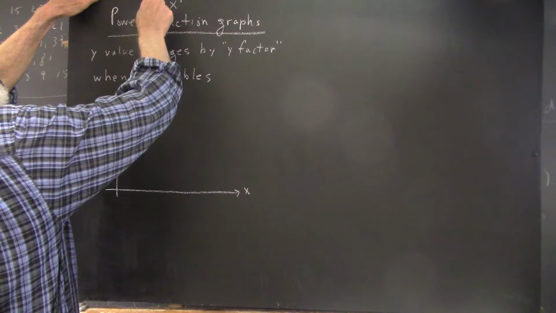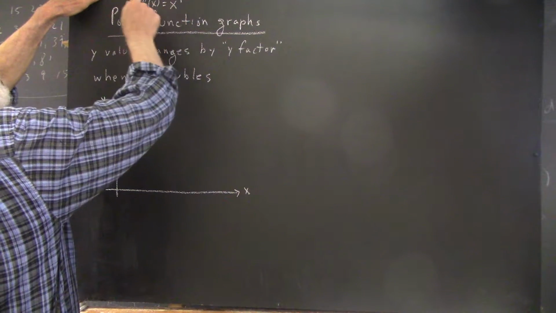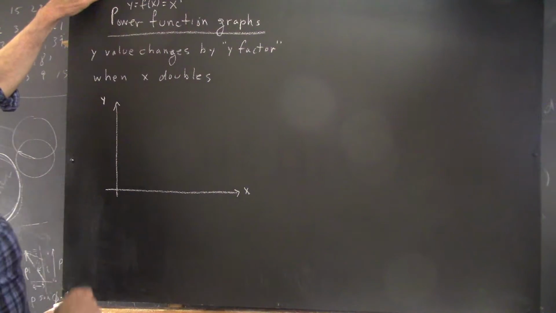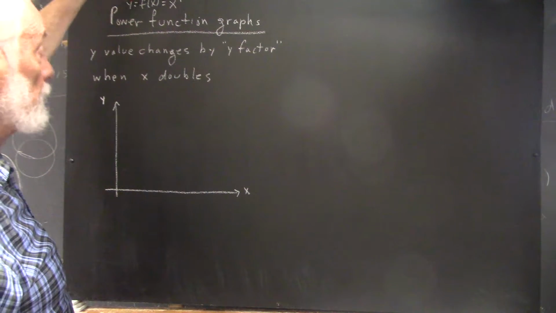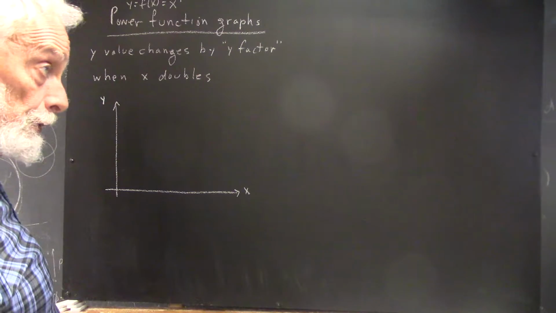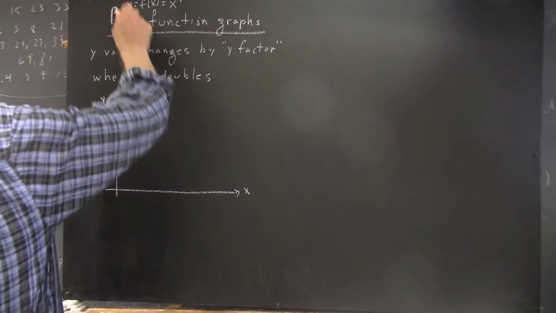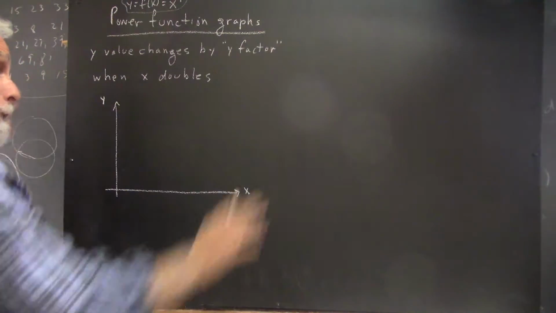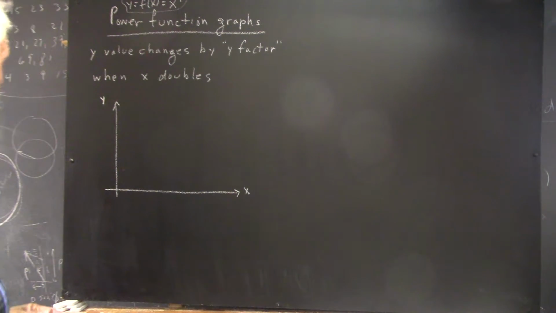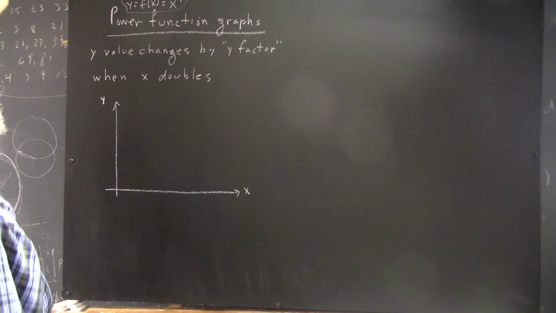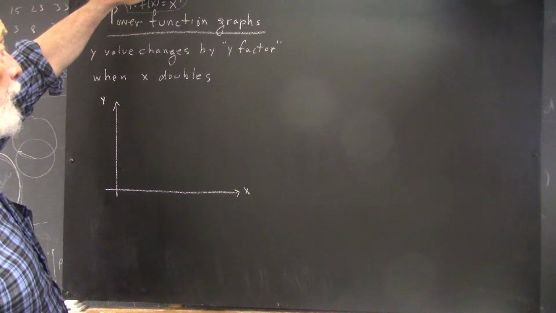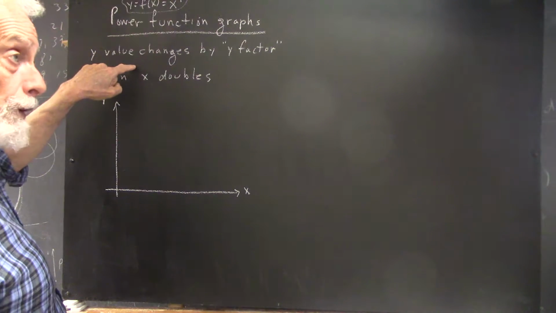It's f of x equals x to the p. So y equals f of x, which is x to the p, for some number p. That's your basic power function. Now, generalized power functions we'll deal with later, but a basic power function has this property. And if it has this property, then this condition holds.